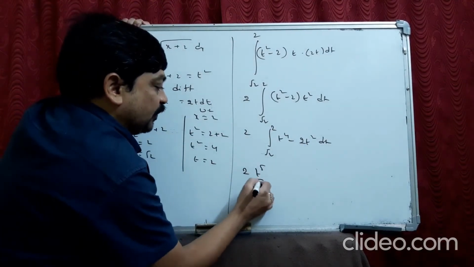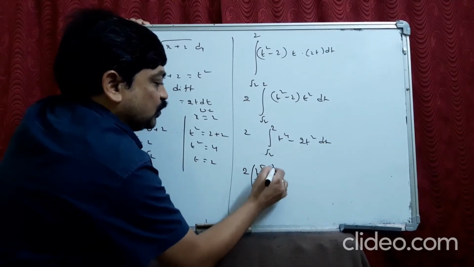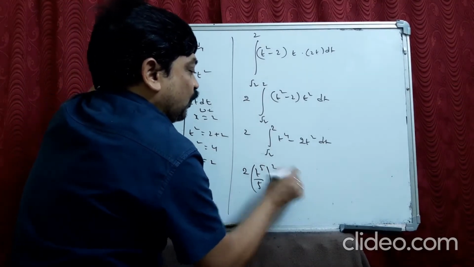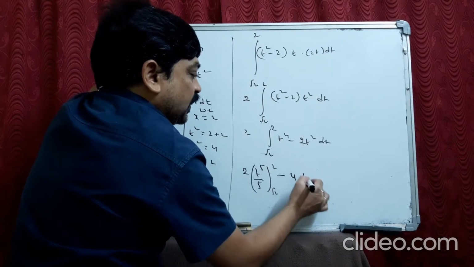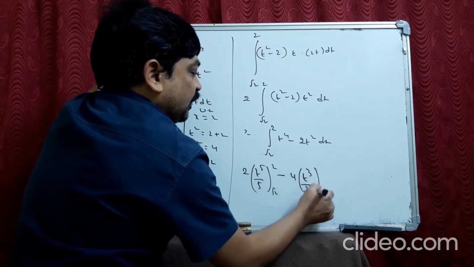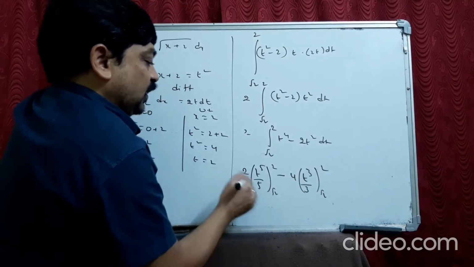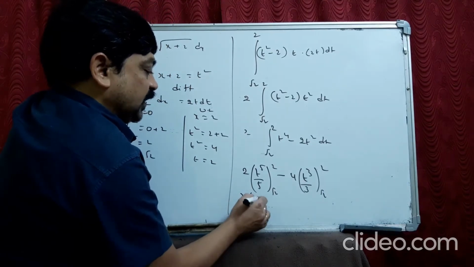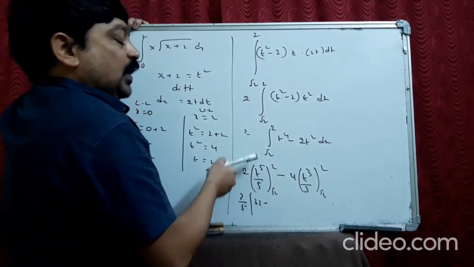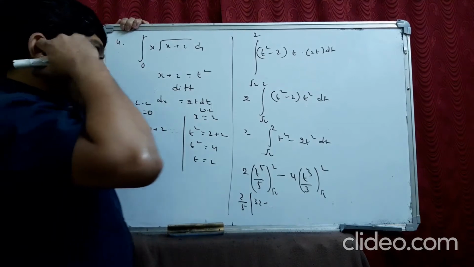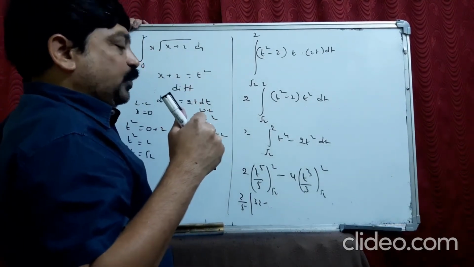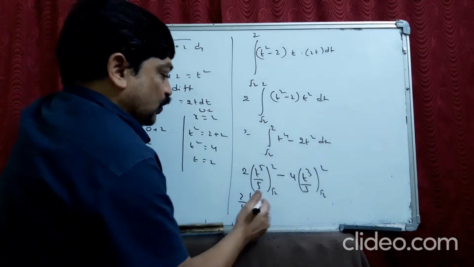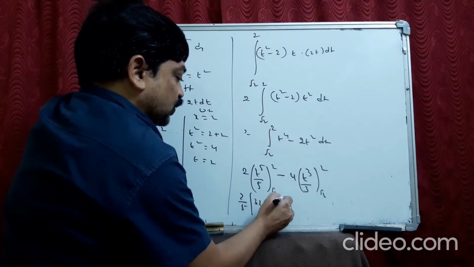2 into t power 5 by 5 from root 2 to 2, minus 4 into, this 2 comes for both of them, t cube by 3 from root 2 to 2. Here 2 by 5 outside, t power 5: 32 minus root 2 power 5, which becomes root 2 power 4 into root 2. Root 2 power 4 is 2 square, so 4 root 2.